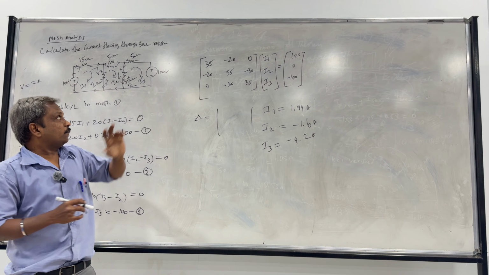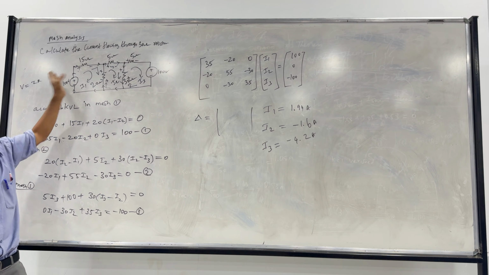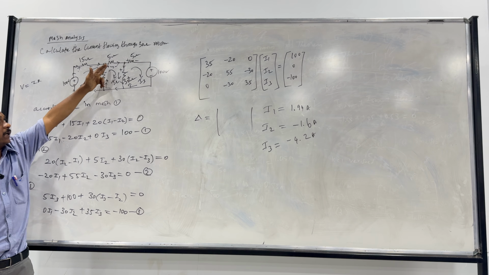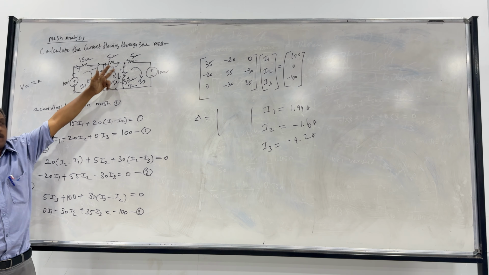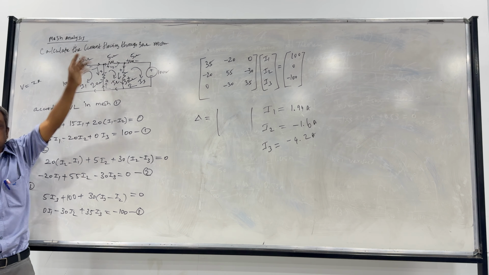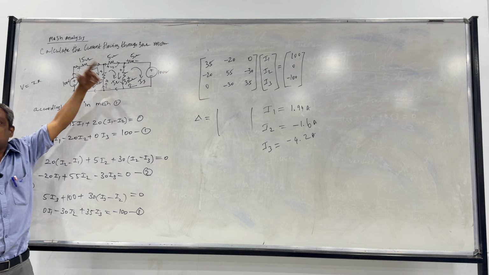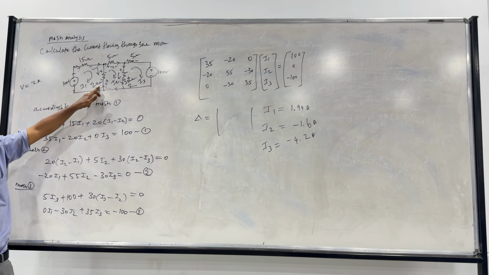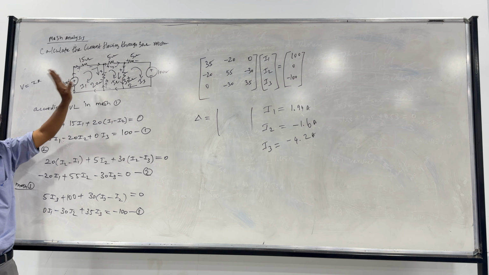And if you want to find the potential across any element, now you can find it. If you want to find the voltage across this 5 ohm, what is the current flowing through the 5 ohm, pa? Simple. I2 into 5 is the voltage across 5 ohm. And for 20 ohm, either you can substitute I1 minus I2 or I2 minus I1.